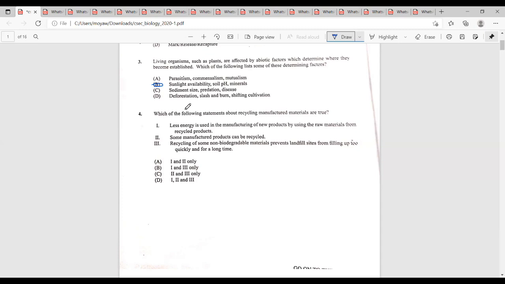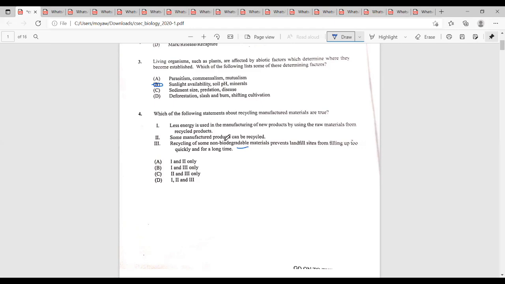So the question: which of the following statements about recycling manufactured materials are true? You're looking for the statements that are true about recycling manufactured materials. Thinking about recycling and manufactured means something that is made. One of the first ones that I realized was true was 3.